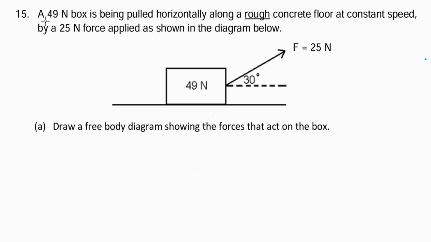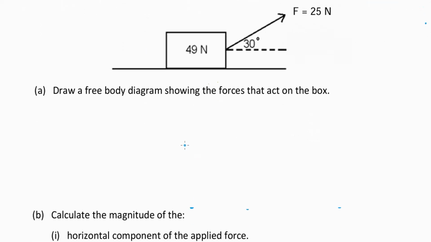So in this question it says a 49 Newton box is being pulled horizontally along a rough concrete floor at a constant speed. And this is by a 25 Newton force that's applied as shown in the diagram. Draw a free body diagram showing the forces that act on the box. Now, when we draw a free body diagram, we can always draw a particle to represent the object.